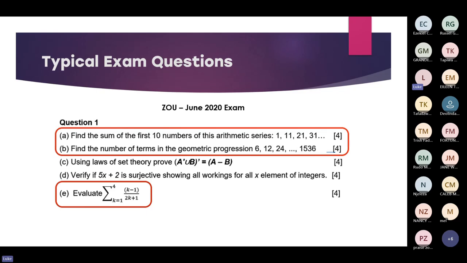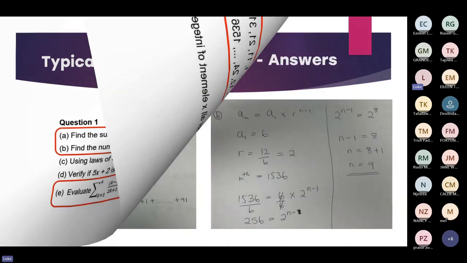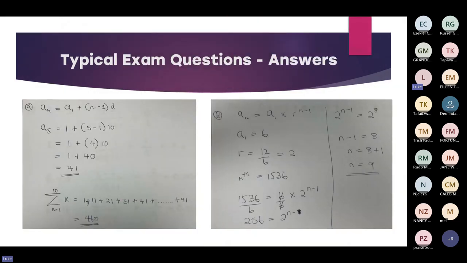The second question is to find the number of terms in the geometric progression. And the last one is to evaluate a given summation. We did not use the formula that we just presented, but the one we presented first. Apologies for that, because we had already done this one on summation.